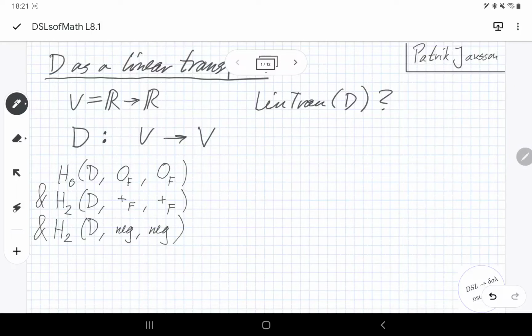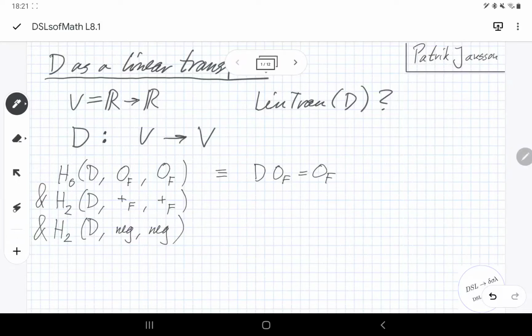So let's try to write it out and check if we think it's satisfied. So if you remember the definition of an H0 predicate, that's very simple. If you expand it, it says that D applied to 0f should be equal to 0f. So the operator should take the unit, the additive unit here, to the additive unit there. So what is 0f? Well, 0f is actually the constant function.